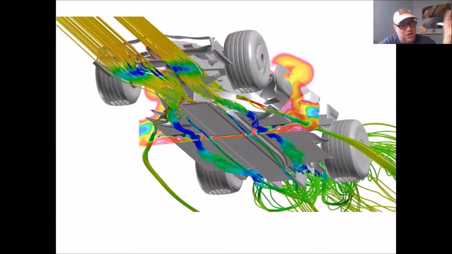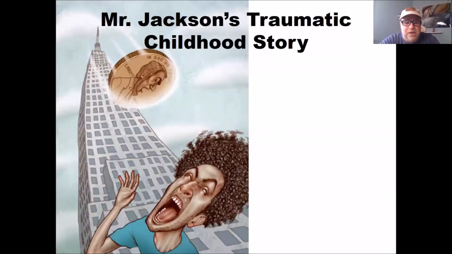The air goes all over the place and eventually gets out somehow. But some designers are thinking, what if the air flows in through the front of the car, it cools the radiator, but then there's an escape port somewhere in the car where that air can easily flow and get out. That would make the car much more efficient. It would be more aerodynamic on the outside and on the inside of the car.